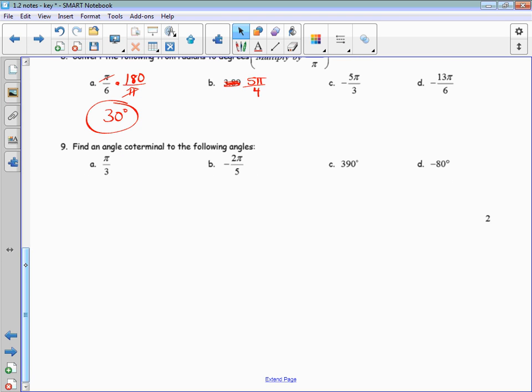All right, guys, let's go through these. So times 180 over pi. I know the pi's go away. How many times does 4 go into 180?